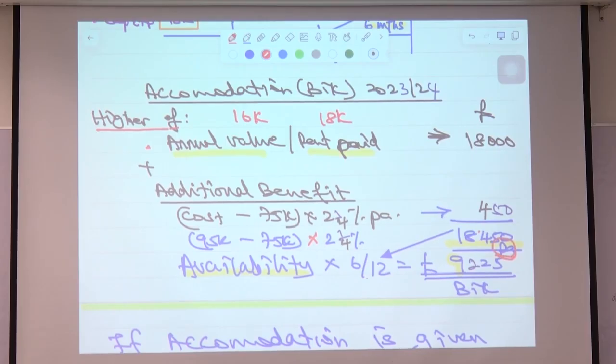You take only 6 months. Calculation correct? All okay? Either I multiply by availability or deduct unavailability. 1 year minus 6 months, availability. Either you deduct or you multiply by 6/12.